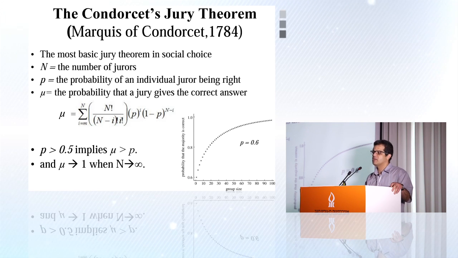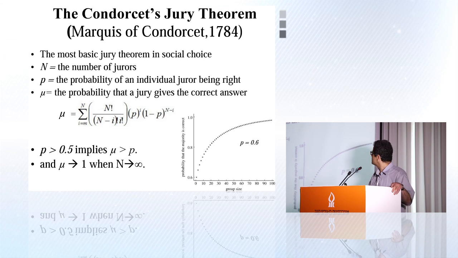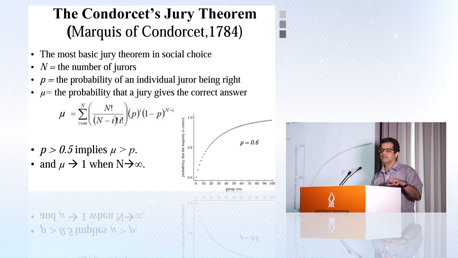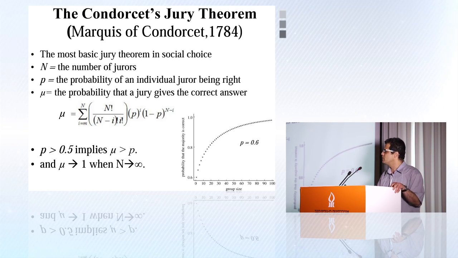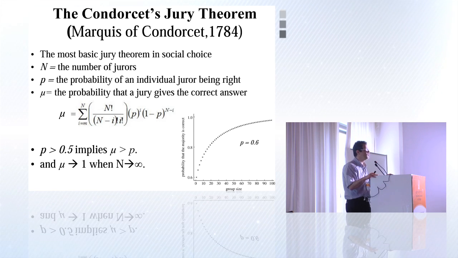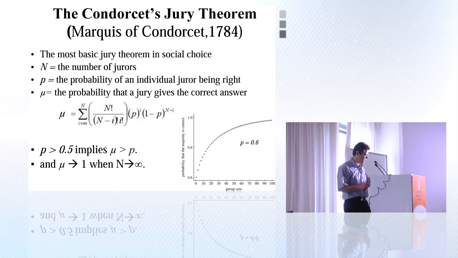So in this case, we can formulate mu as a binomial distribution as a function of both n and p. But the more important thing in this theorem is that if p is greater than 0.5, then mu is going to be greater than p. And if n goes to infinity, mu will reach almost 1. And this is what you can see in this graph on the right side of the slide.